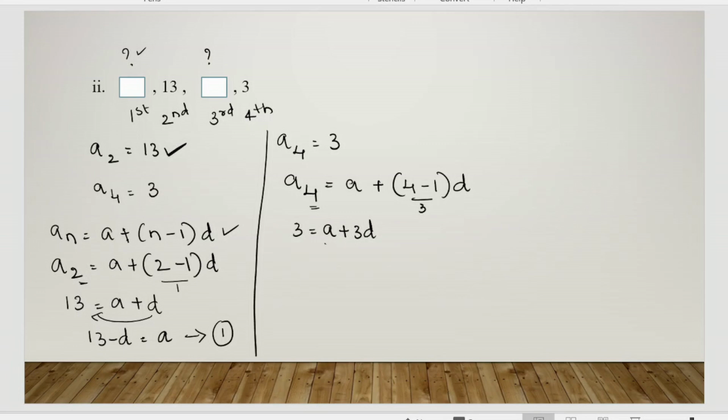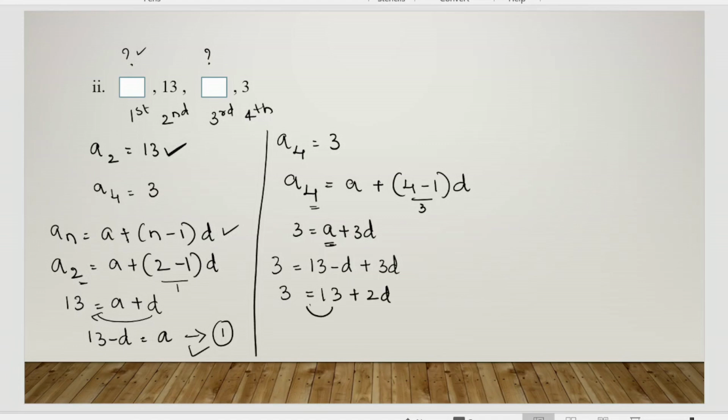Now see here, we know the value of a, which is 13 minus d. So substitute the value of a here. Which becomes 3 is equals to, a is 13 minus d, 13 minus d plus 3d. So this will be 3 is equals to 13 plus 2d.